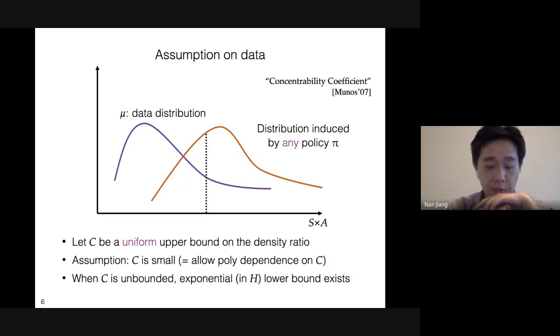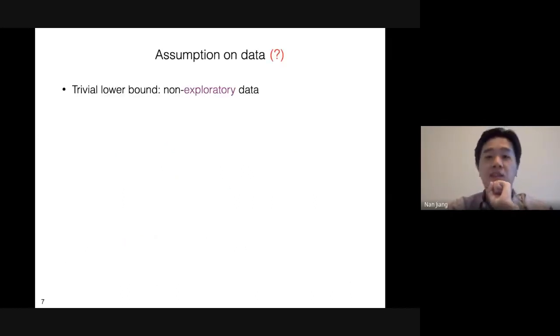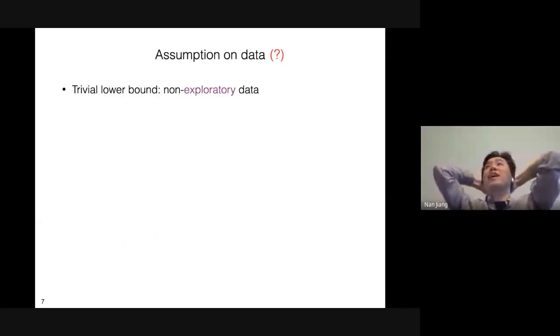And the answer is affirmative. We can show that when C is unbounded, you can prove an exponential lower bound for any algorithm. So polynomial learning is impossible without this assumption. It turns out that the story here is a little bit more complicated.